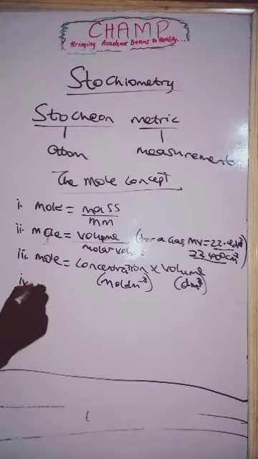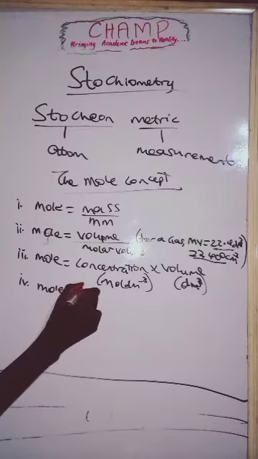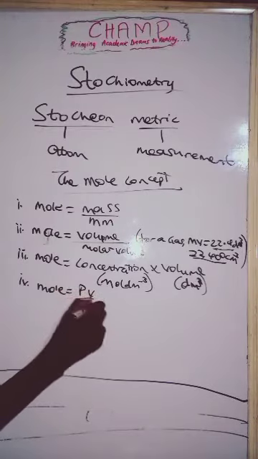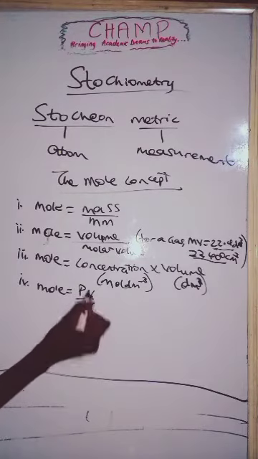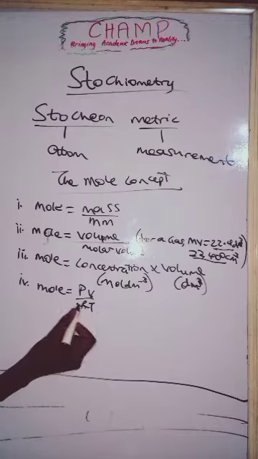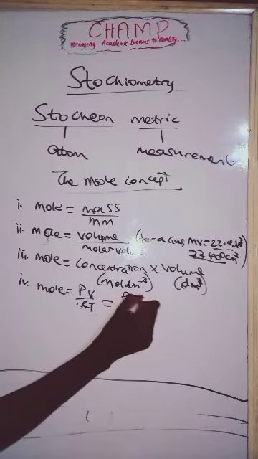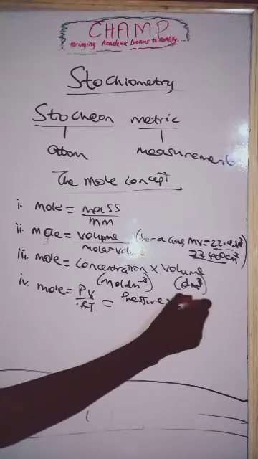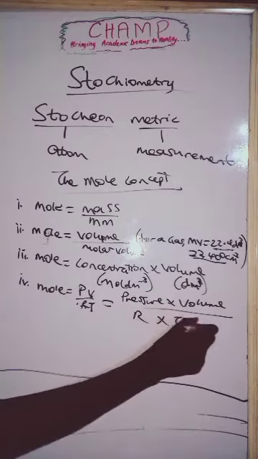Then we also have mole is equal to PV over RT. This is your pressure, this is your volume, this is R, the gas constant, and this is the temperature. So we have pressure times volume over R times temperature.